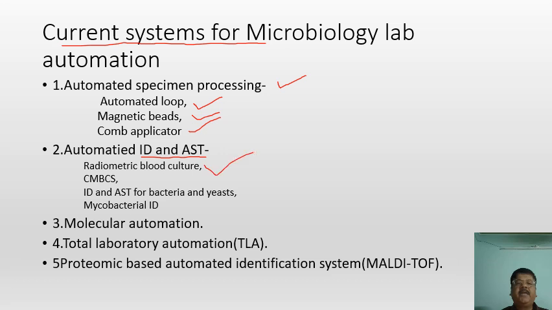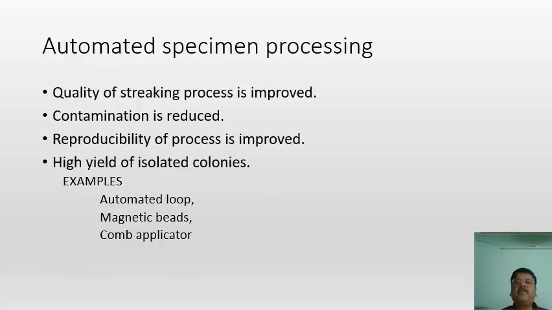Radiometric blood culture is there, then continuous monitoring blood culture systems, ID and AST for bacteria and yeast, then mycobacterial identification systems. Another is molecular automation. Then total laboratory automation is the next one. Then proteomic based automated identification system, that is MALDI-TOF, which is the most recent method for the identification of growth and also antimicrobial susceptibility testing.